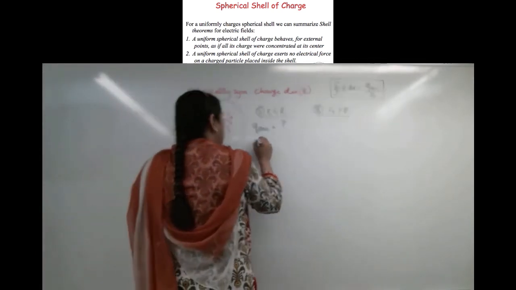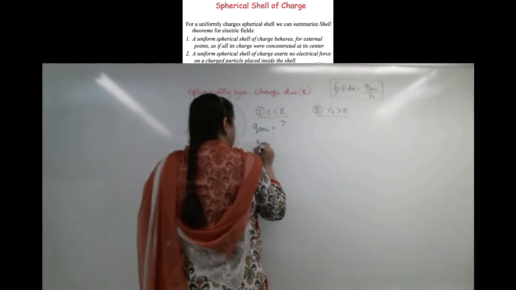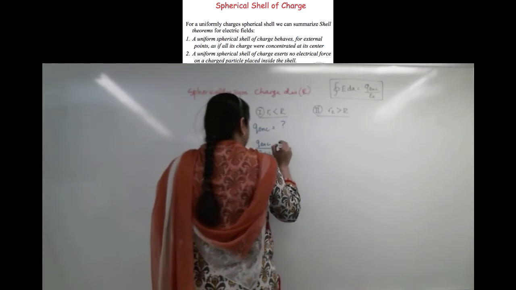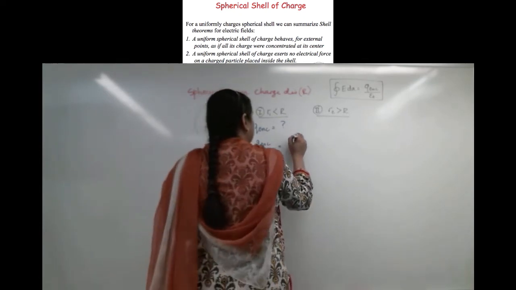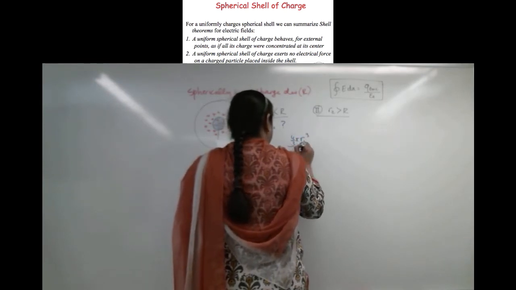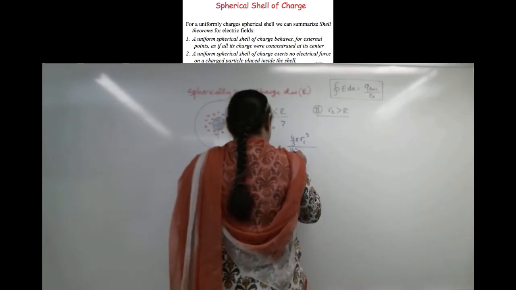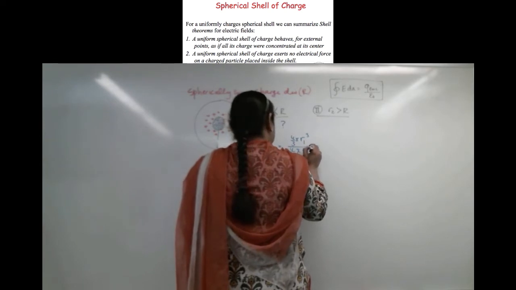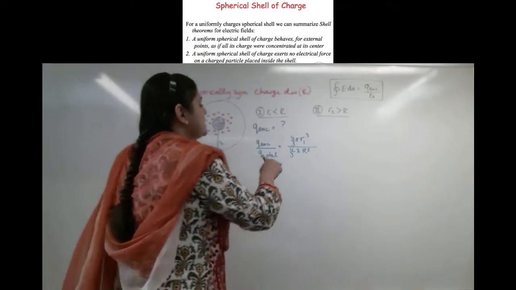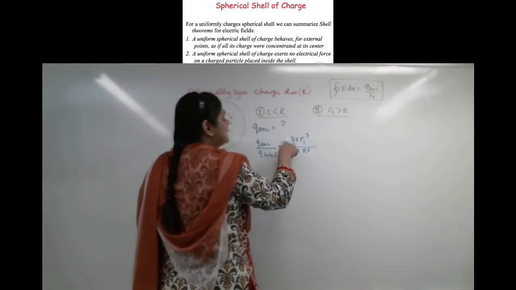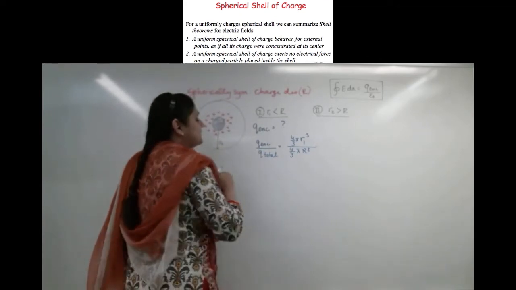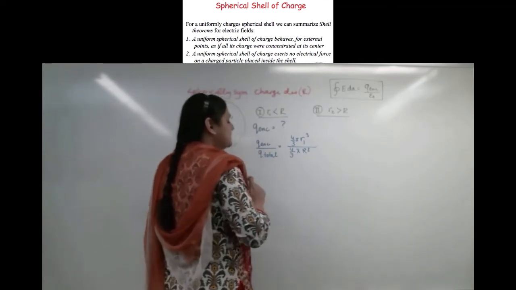So the ratio of Q enclosed to Q total is the same as the volume that Q enclosed has divided by the total volume.